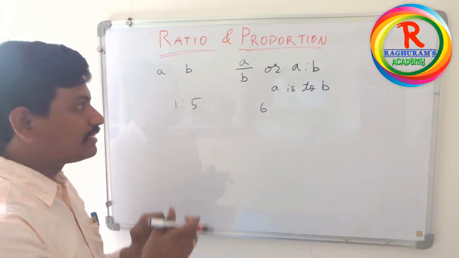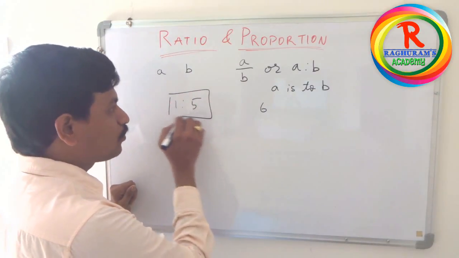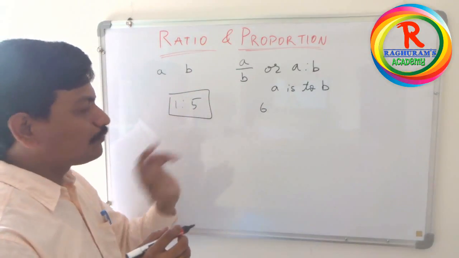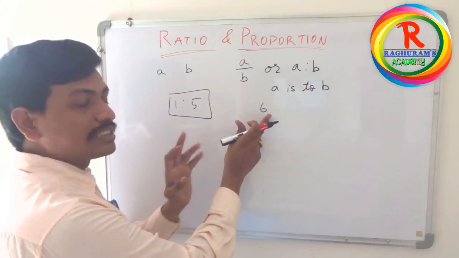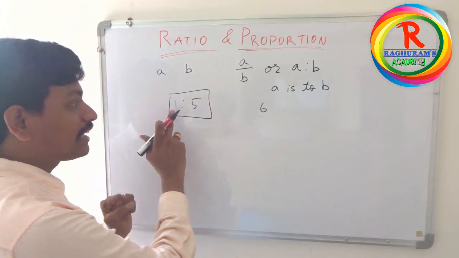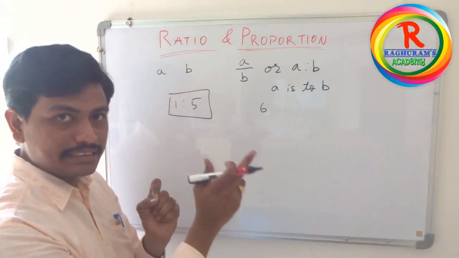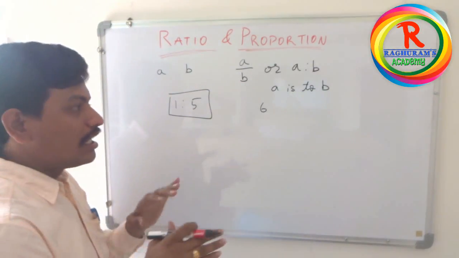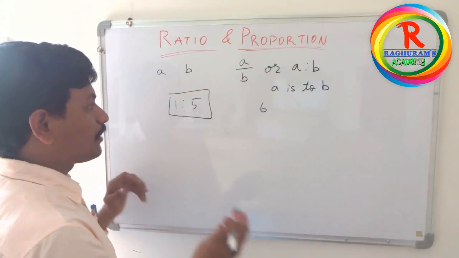So we can say out of 6 liters, 1 liter is salt and 5 liters is water, but these are not actual quantities. Actual quantities may be different.